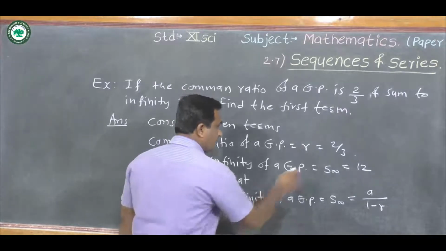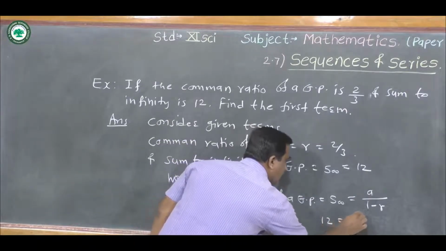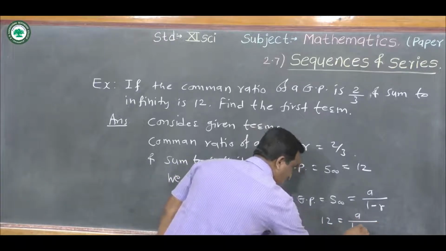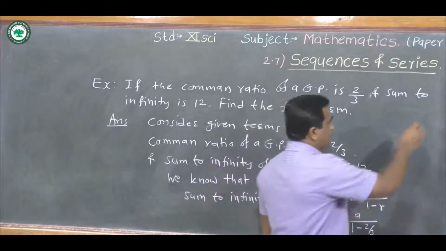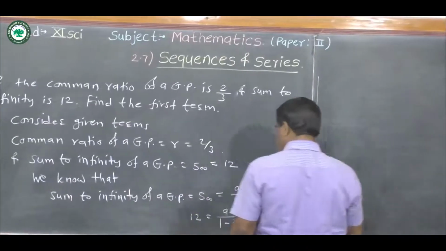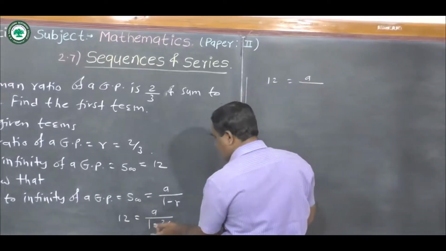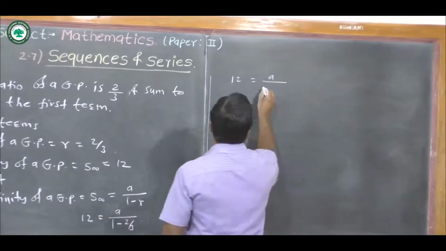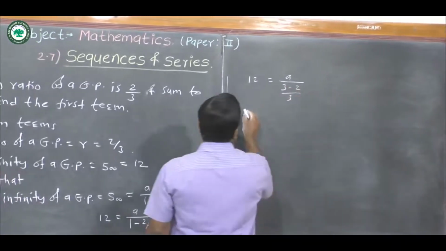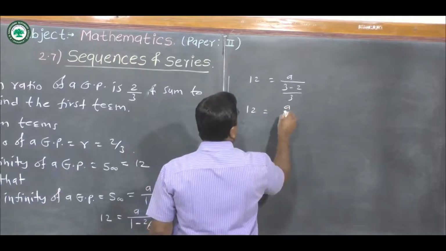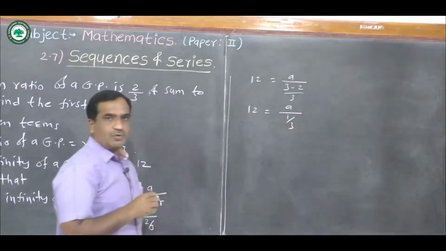Now putting these two values here, we can write 12 equal to A upon 1 minus R, meaning 2 by 3. That is, 12 equal to A into, taking the subtraction of these two terms, 3 minus 2 upon 3. That is, 12 is equal to A upon 1 by 3.